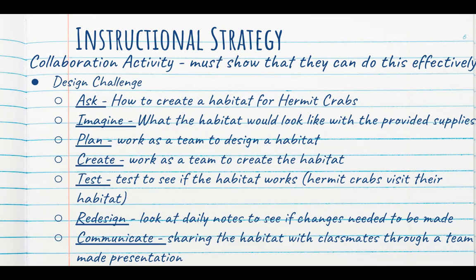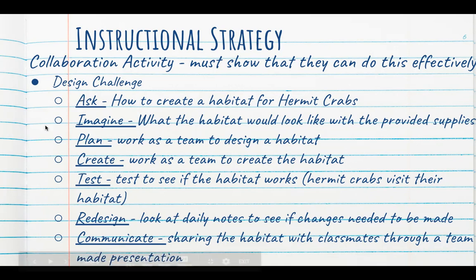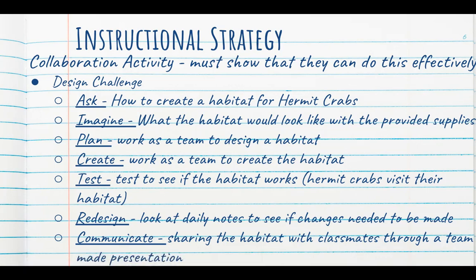The design challenge will have several different parts that they will follow. It will start at ask and end with communicate. In their groups, the students will be asked how they can create a habitat for hermit crabs. This is their overall goal that they will try to solve and come up with a habitat for the hermit crab.